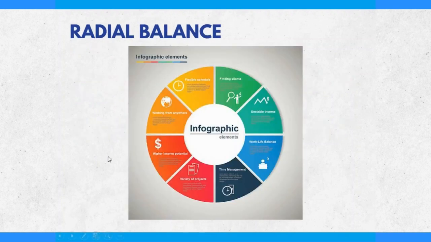So look at this particular image. You can see that from the center, all the elements are arranged in a very orderly and circular manner, and this gives order and a sense of movement to that particular design. So this is an example of a radial balance. You can use this balance too in your design.